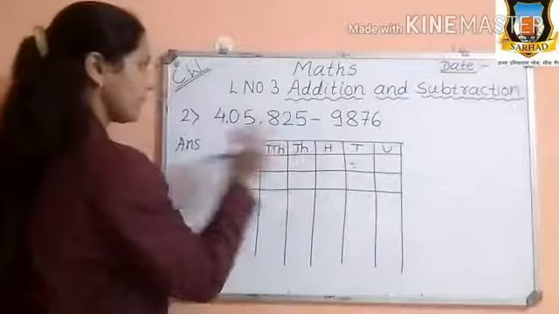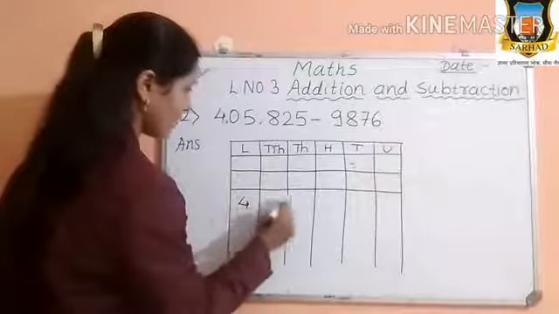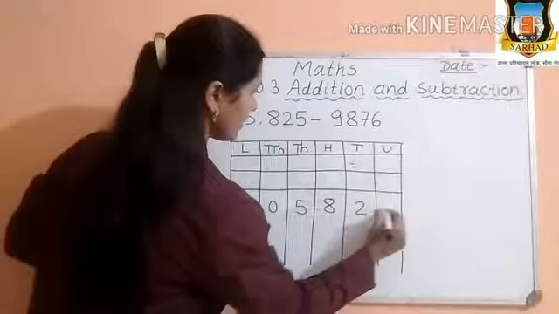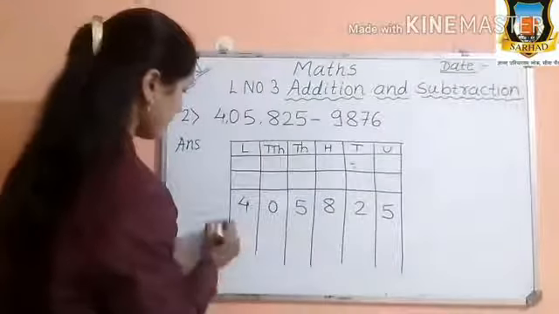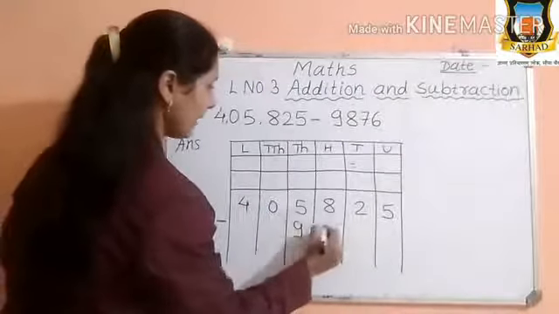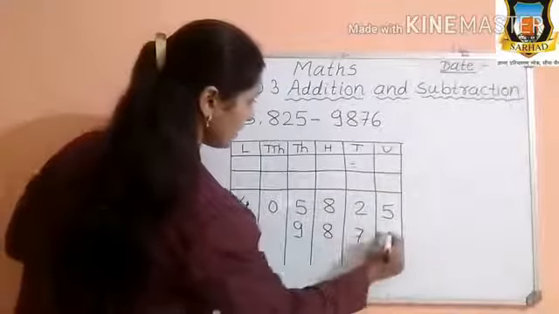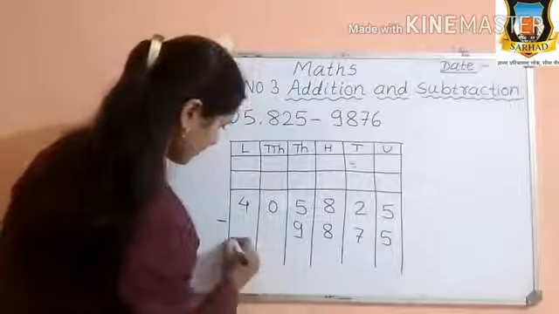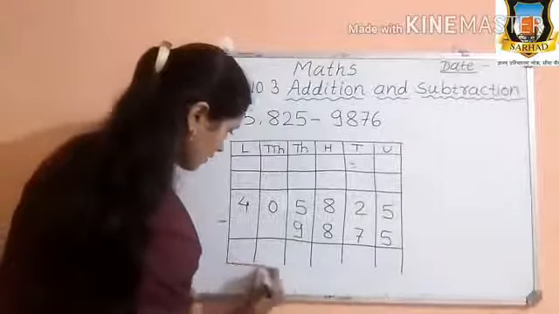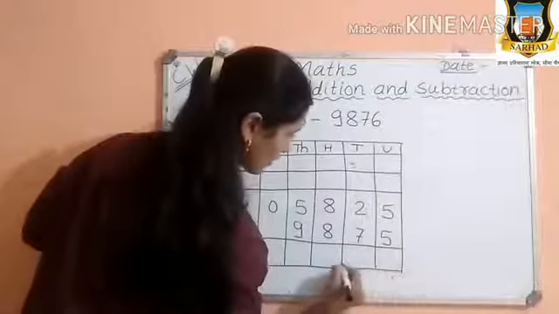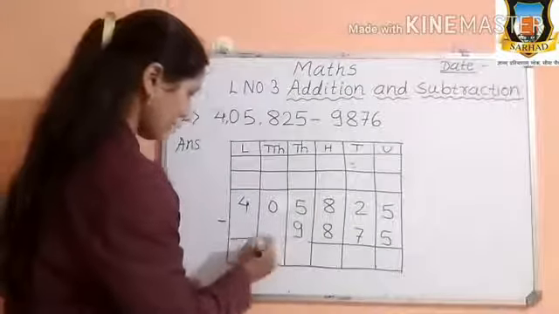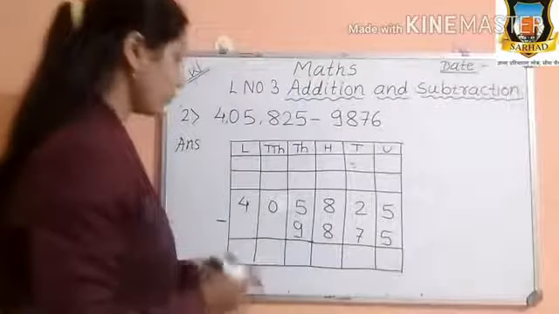One more column I am adding here. 4,05,825 minus 9,875. Now see here, one column I added here, one more.